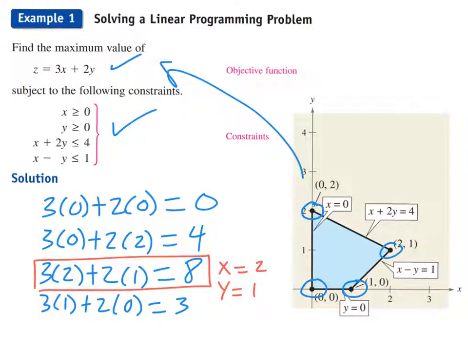I know those points, including the corner points, those are solutions to all 4 of those inequalities. So they fit our constraints. Those are the only points I could choose from, okay? And from those points, x equals 2, y equals 1 makes that value of z as big as it could mathematically be. Okay, it's not possible to make it bigger than 8.